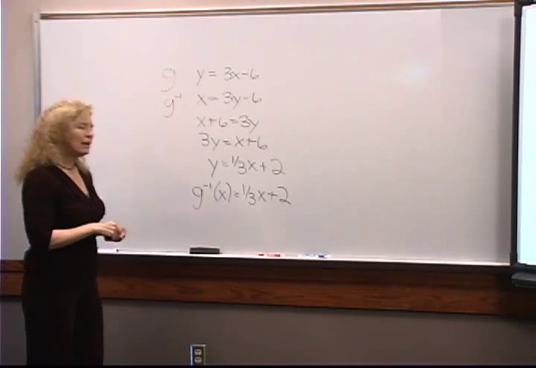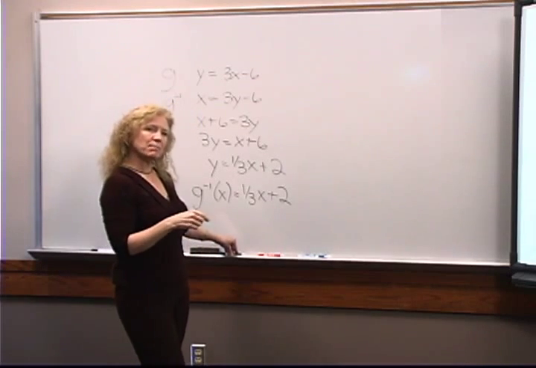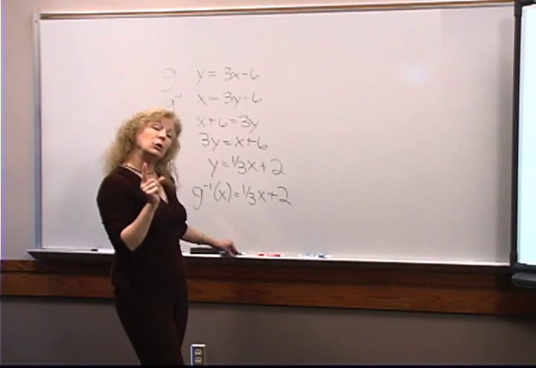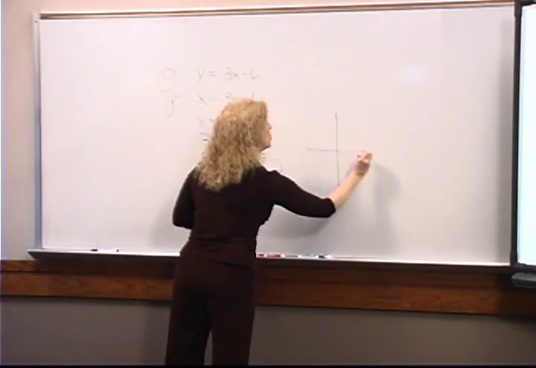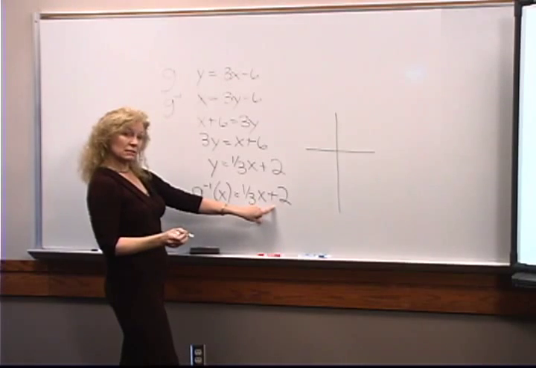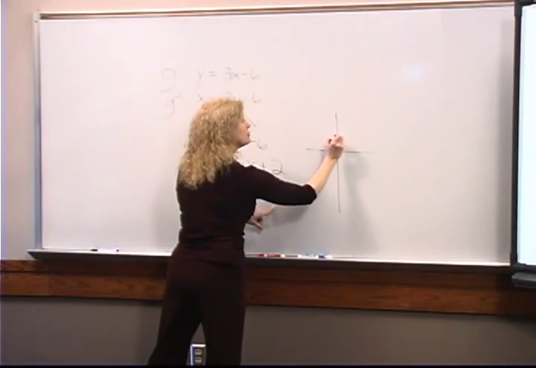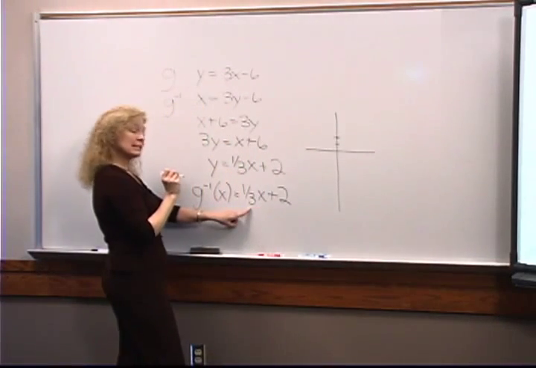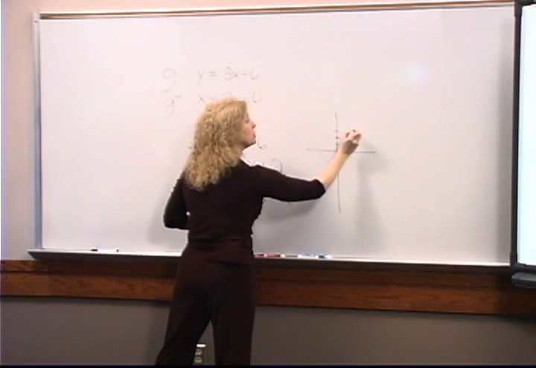Okay? Now, I don't know if my graph is still there, but you might take a minute and look back at the graph you made and see if we crossed the y-axis at 2. We had a slope of 1/3, up 1 over 3.